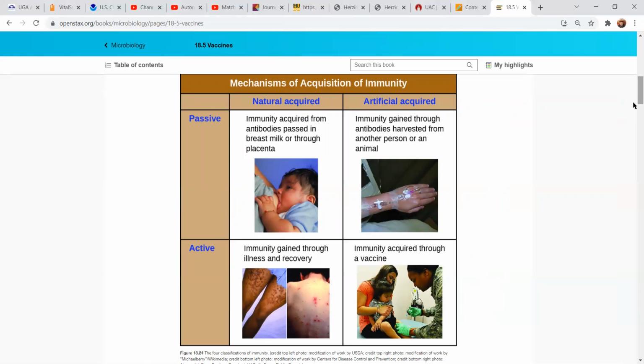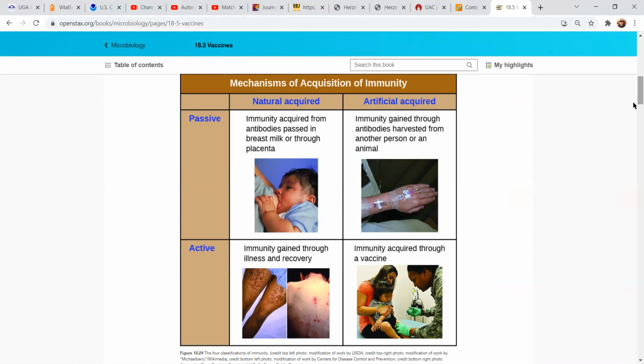Natural active is when we contracted a disease and we recover, and then we have made antibodies against it. So, before the chickenpox vaccine became available, I remember my entire second grade class had the chickenpox. So that would be natural active because we came into contact with it just in the course of everyday life, and we produced our own antibodies against it.